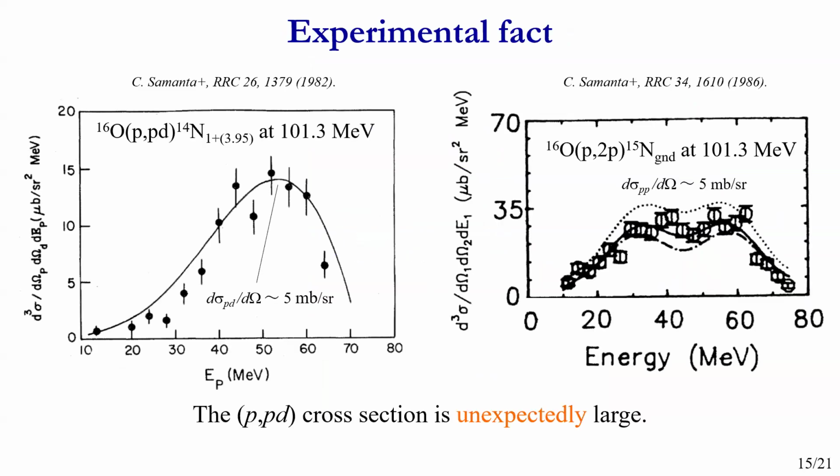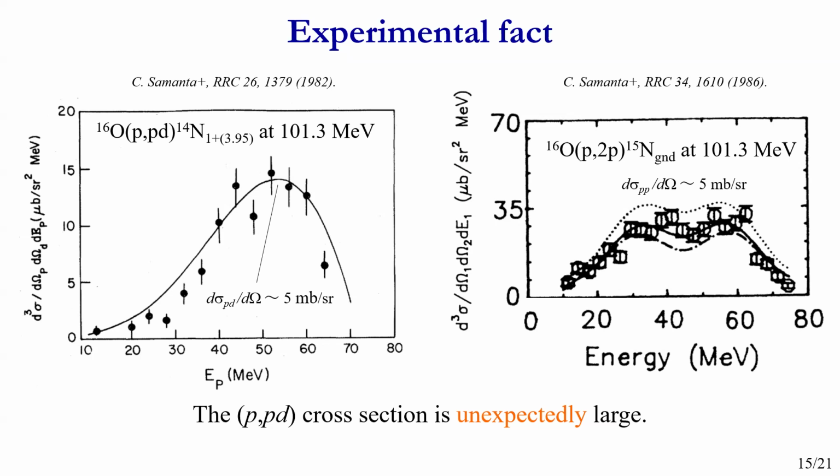Okay, let me mention PPD. Let me start with the experimental part. In these papers, Samantha and collaborators show the results of proton knockout and deuteron knockout cross sections from oxygen-16 at the same energy, 101.3 MeV.